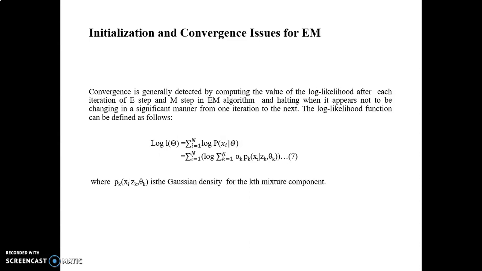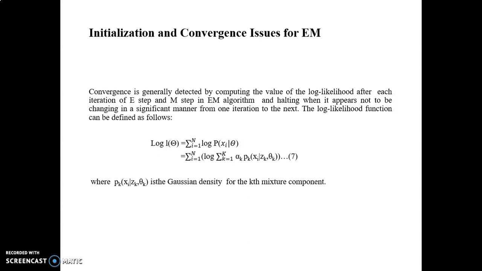Convergence is generally detected by computing the value of the log likelihood after each iteration of the E step and M step in the EM algorithm, and halting when it appears not to be changing in a significant manner from one iteration to the next.